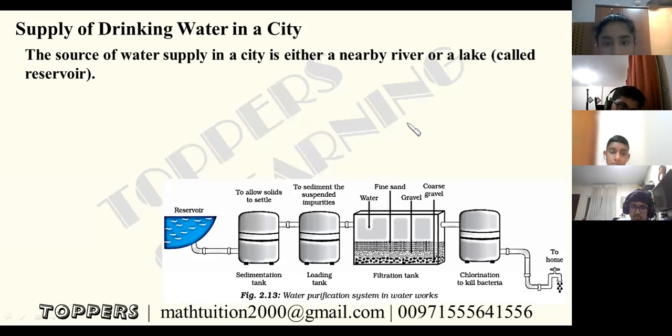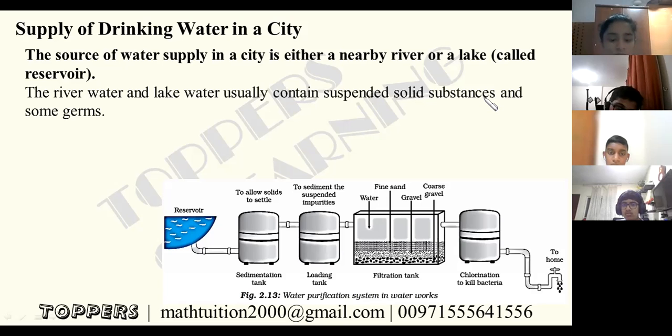The source of water supply in a city is either a nearby river or a lake called a reservoir, right? The river water and lake water usually contain suspended solid substances and some germs also. So we cannot drink it directly, right? It is not good for health.